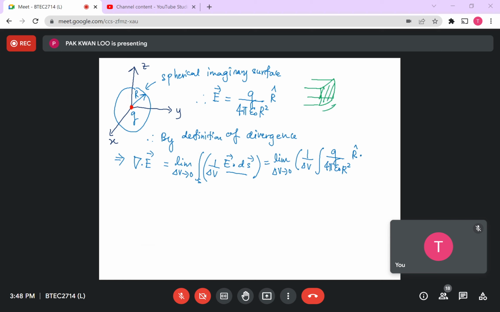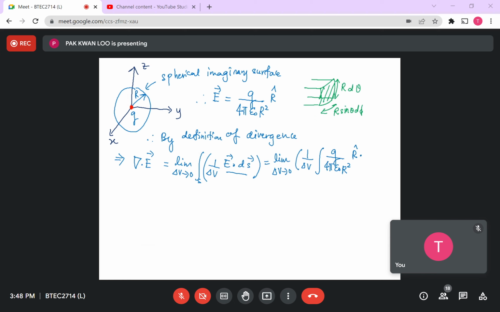So here, this arc length is r sine theta d phi, and this arc length here will be r d theta.